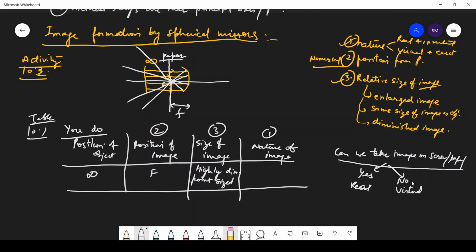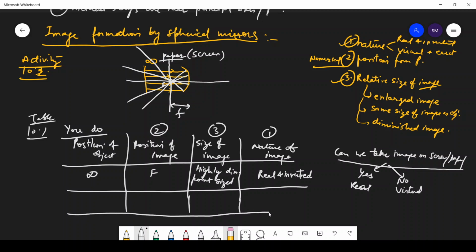No, you can't. But here you were taking this image of the sun on a piece of paper, which was your screen. That is why this image is real, and real images are inverted.